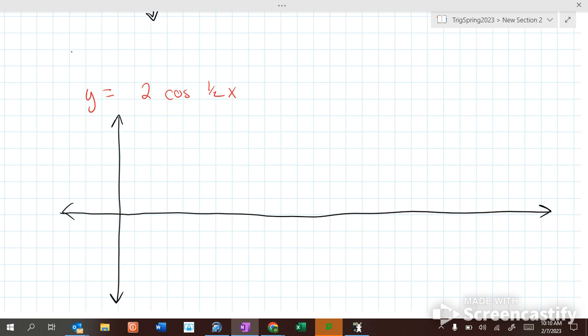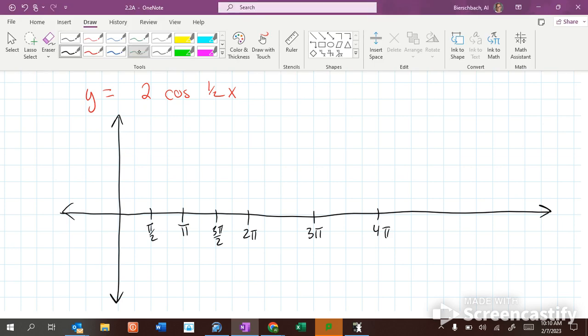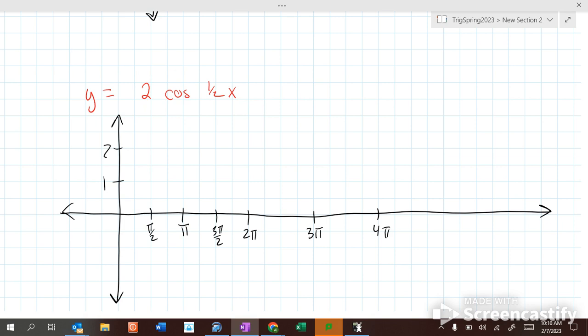So I'm only going to go till 4 to get to pi and 8 to get to 2 pi, because I know one period goes to 2 pi, so if I stretch it out twice as much, I'm going to wind up going all the way out to 4 pi. So here's pi over 2 and 3 pi over 2. All right. So I should put on my vertical, 1, 2, -1, -2.